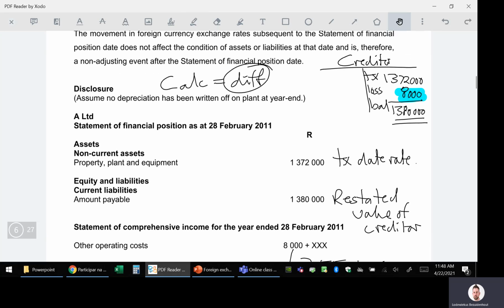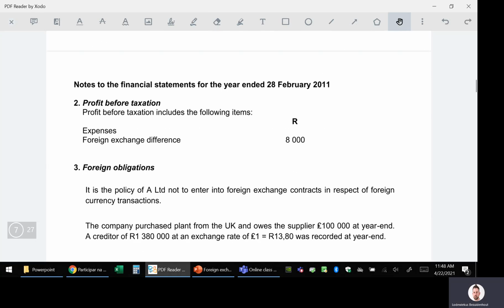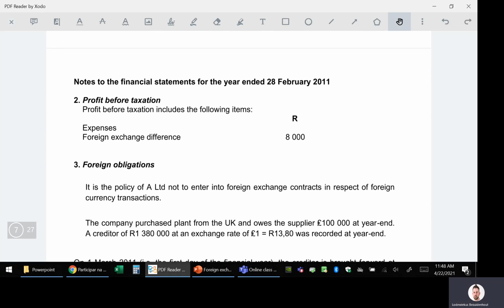Because we owed more on year end, we had to credit the creditor and we debit foreign exchange loss. And then we have to disclose in the financial statements, in the profit before tax note, any foreign exchange differences. So under expenses, you would show foreign exchange difference of 8,000.